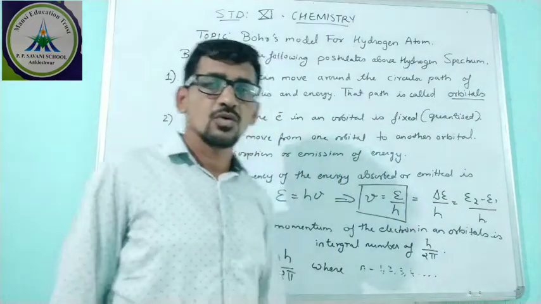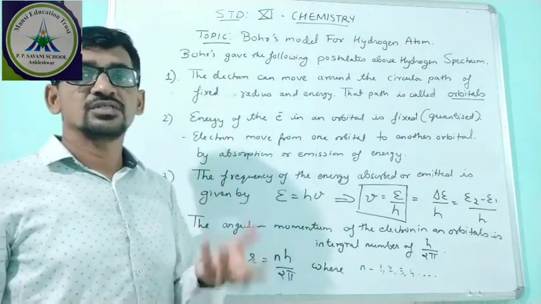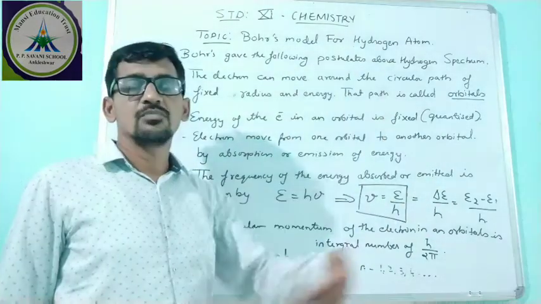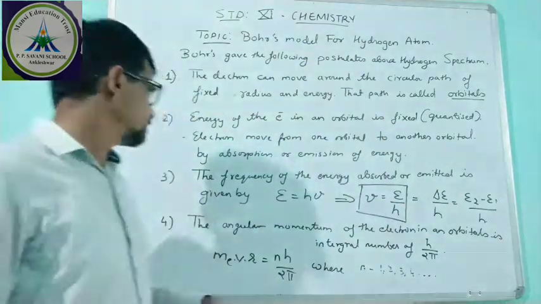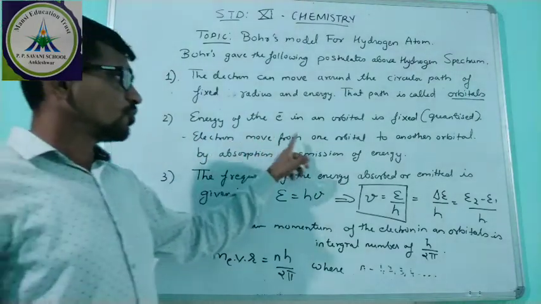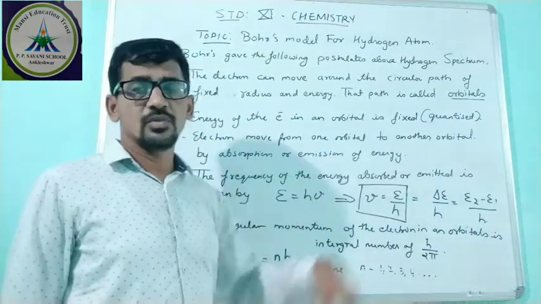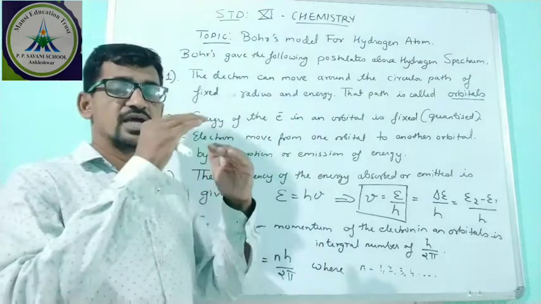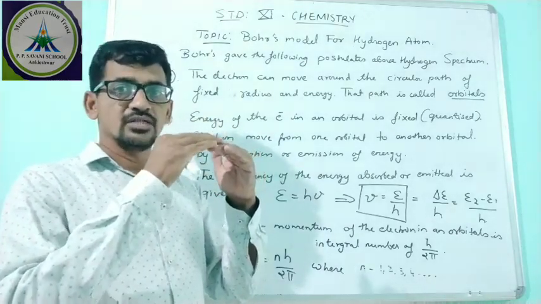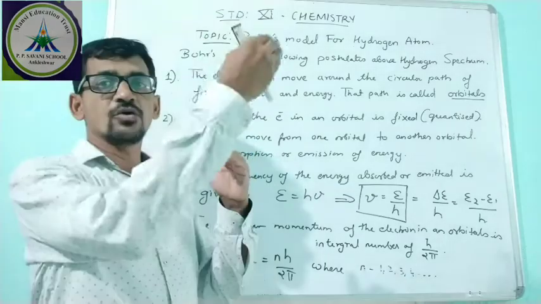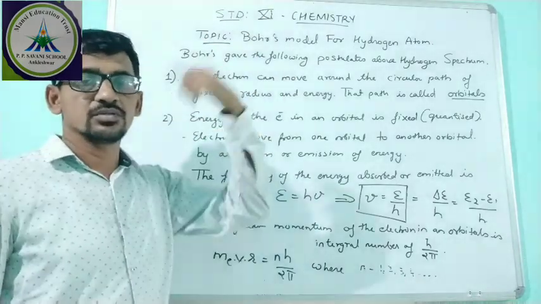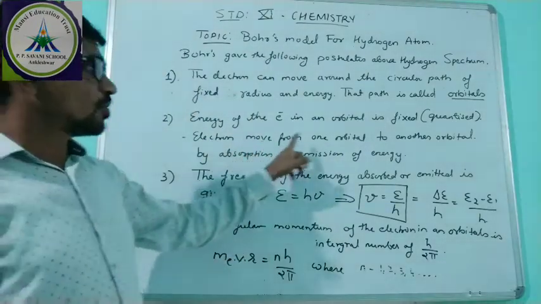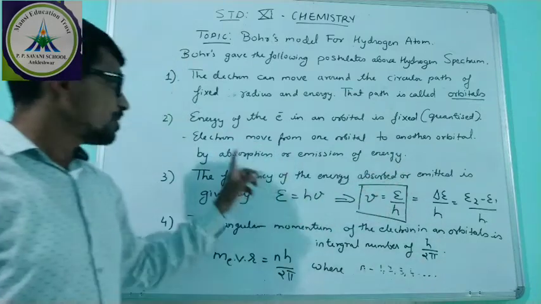If the electron has sufficient quantized energy, then only can the electron revolve around the nucleus in an orbit. The electron can move from one orbit to another orbit. If the energy of the electron increases, then the electron absorbs the energy and goes to a higher orbit, and then revolves there. So the electron moves from one orbit to another by absorption.